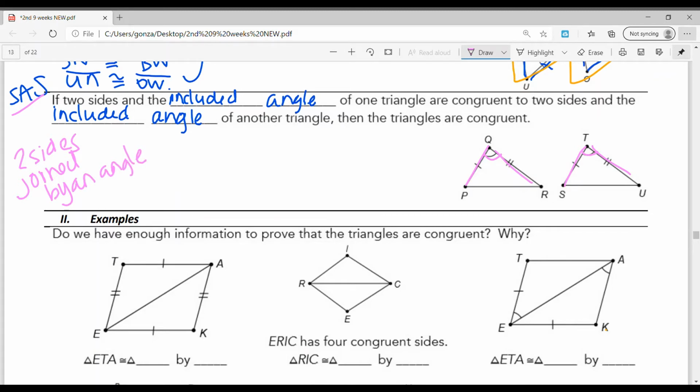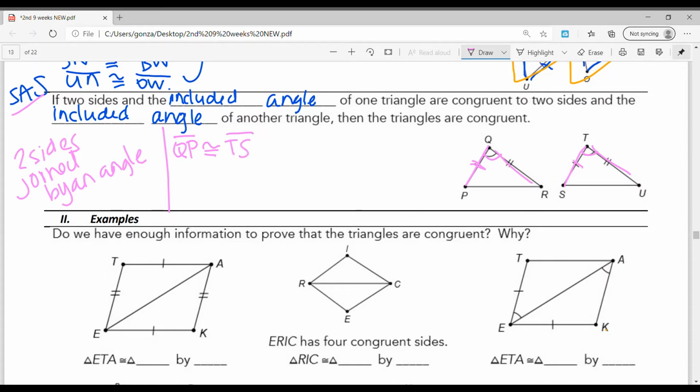So that means here are my congruence statements. I have side 1. We use these hatchings, remember? So I have QP and TS. So segment QP is congruent to segment TS.